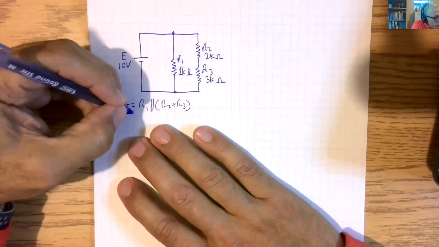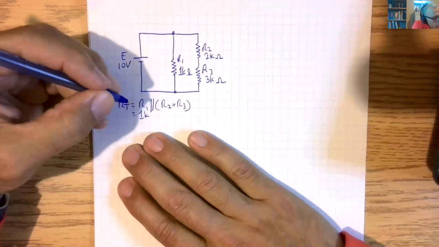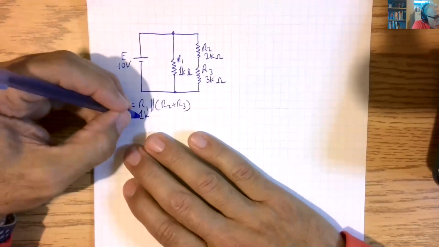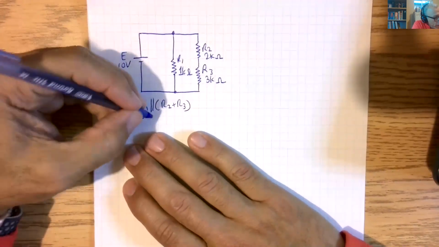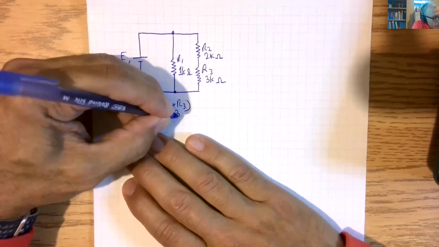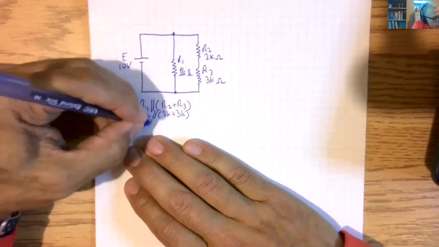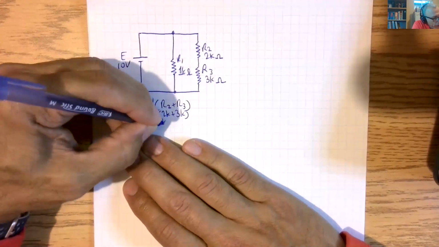Okay, which in this case is equal to 1K in parallel with 2K plus 3K, which is 1K in parallel with 5K.